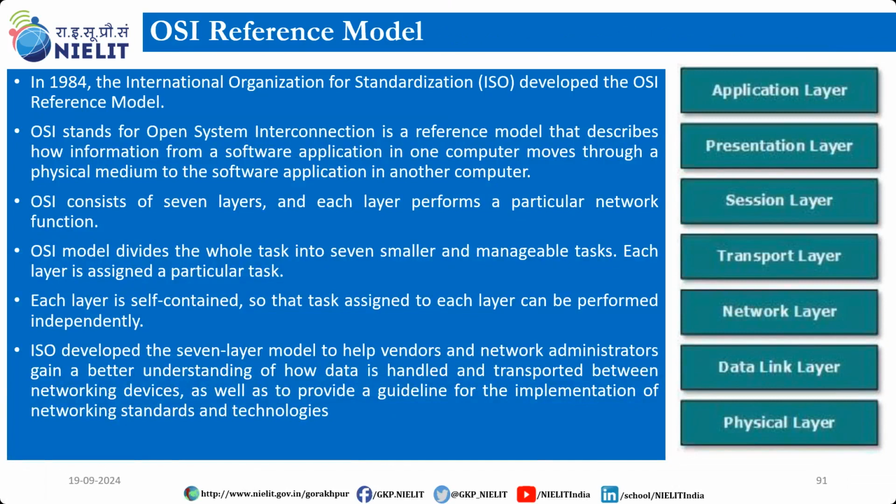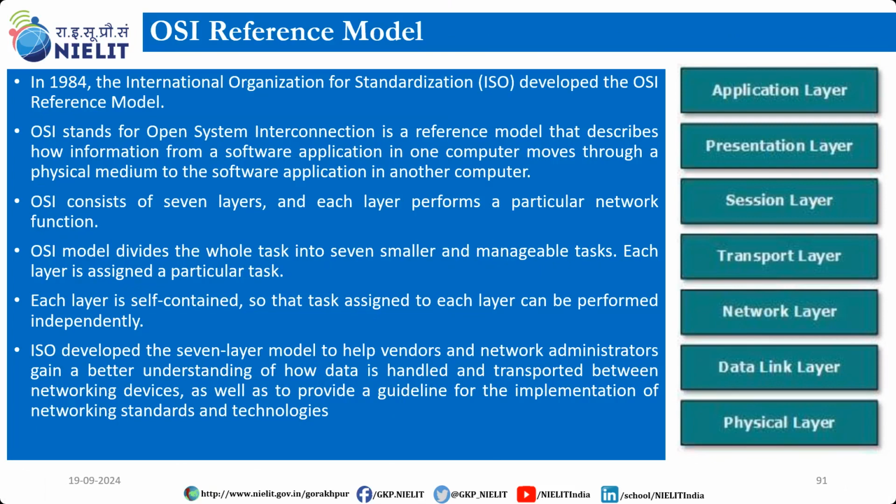And as per ISO OSI, the entire network functionality can be divided into 7 layers. Starting from the top layer: application layer, presentation layer, session layer, transport layer, network layer, data link layer, physical layer. Physical layer is the bottom layer, layer 1. Application layer is layer 7. Presentation layer is layer 6, session layer is layer 5, transport layer is layer 4, network layer is layer 3, data link layer is layer 2.